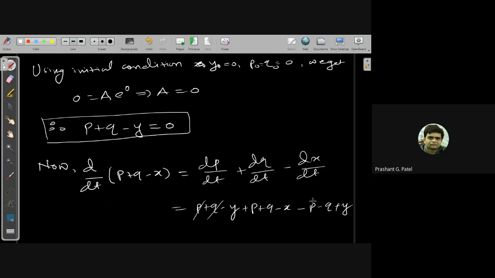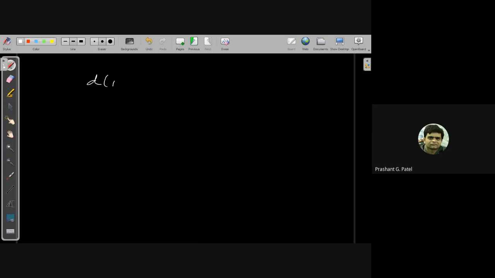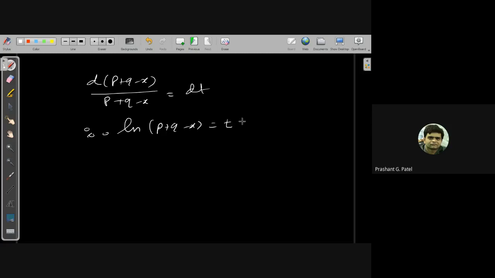So you just observe that p, q, y are cancelled out. So the quantity left is p plus q minus x. Therefore d of p plus q minus x upon p plus q minus x is equal to dt. So we have ln of p plus q minus x is equal to t plus some constant c4.